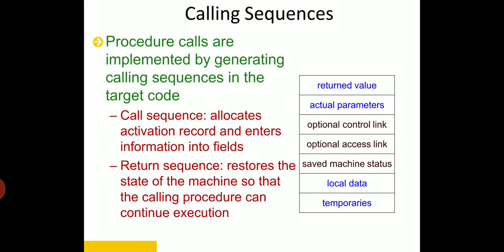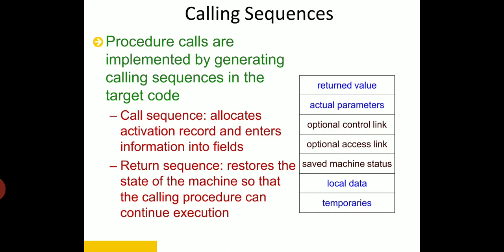Then calling sequences: while the procedure is called, what all things happen for the activation record is discussed here. During the call there will be a sequence of things that happen, and after the execution of the procedure, it will be returning.